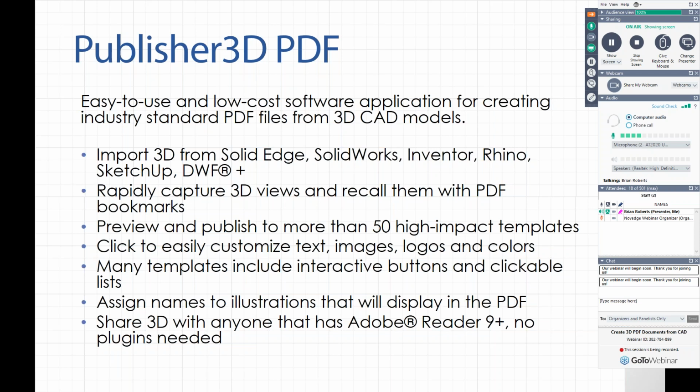Now, you may be wondering what sources of information for 3D data you can start from. We have support in various ways for SolidEdge, SolidWorks, Inventor, Rhino, SketchUp, DWF, IGES, a variety of other formats as well. And we also have an add-on if you're coming from a background of Pro-E or Creo that we can talk about.